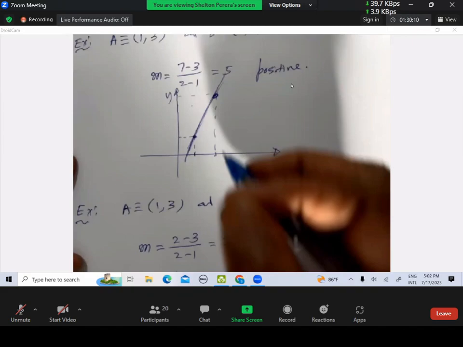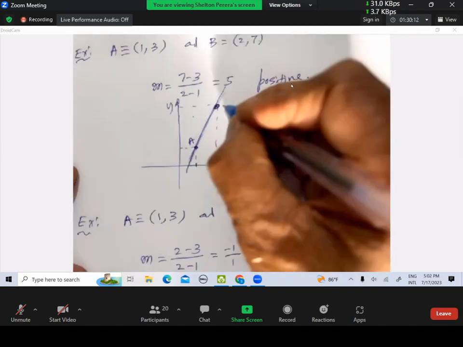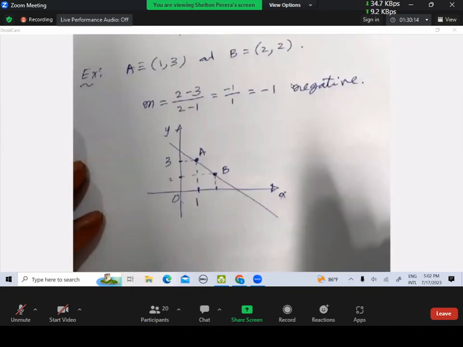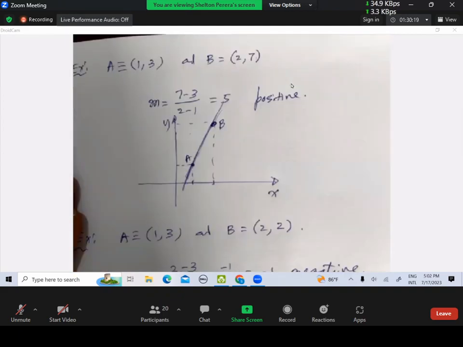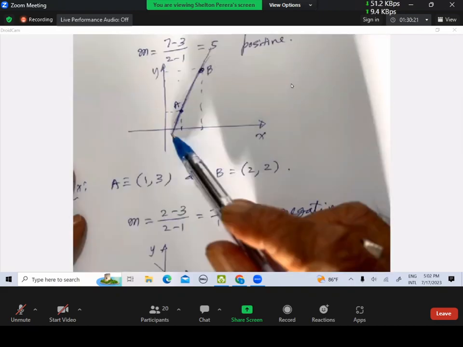Here I forgot to put A and B. The line with positive slope is a rising line.